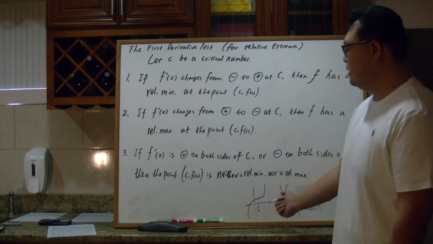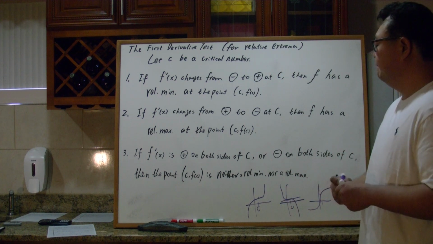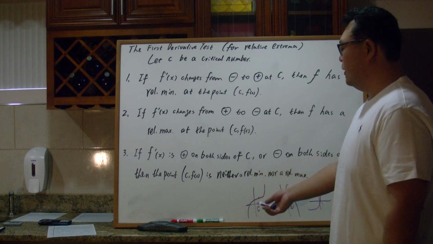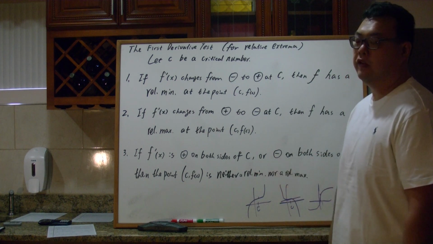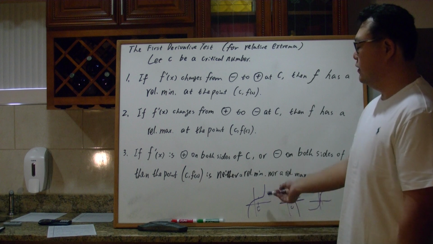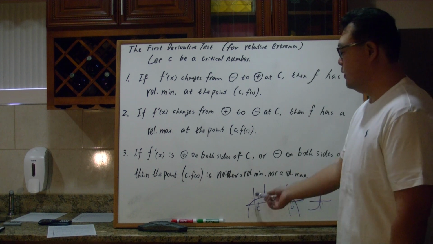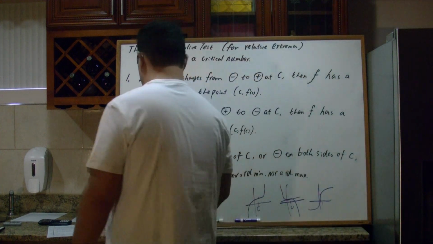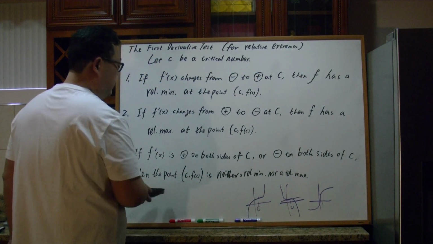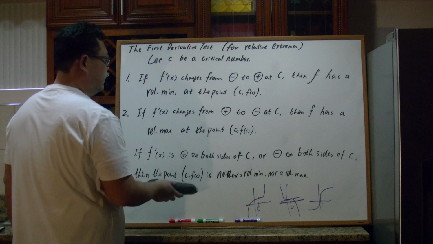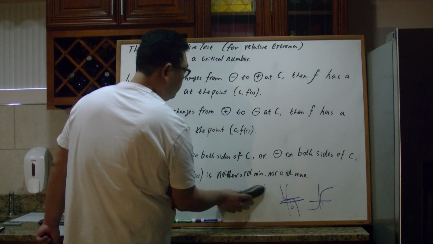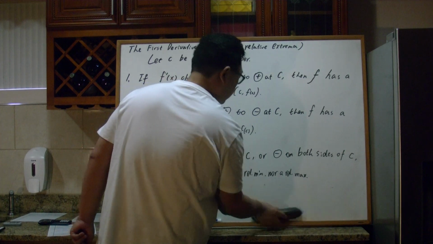At c, f of c, the point is neither maximum nor minimum. It's just a point that's going through it, but it didn't change the monotonicity. Basically, it's always increasing or always decreasing going through that point. So even though it's a critical number, it is not a relative minimum and not a relative maximum.